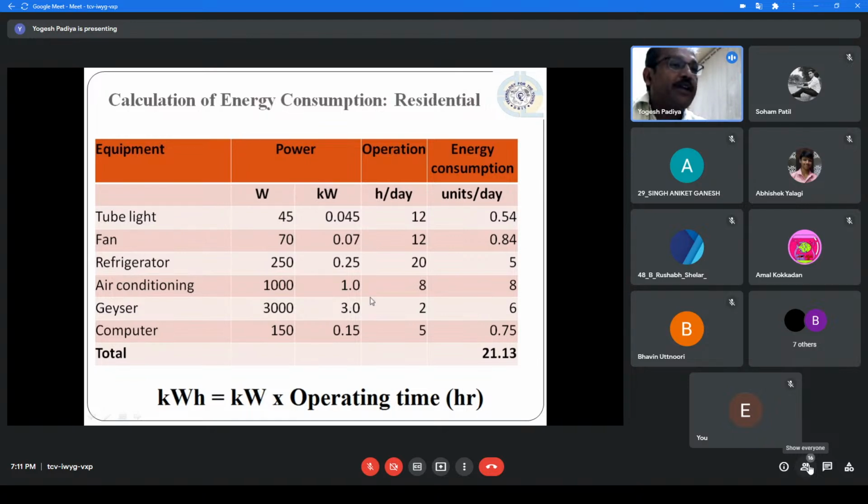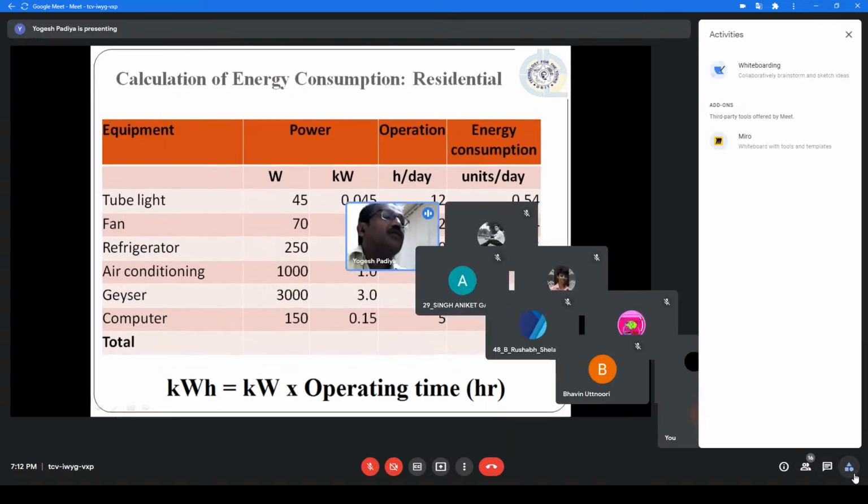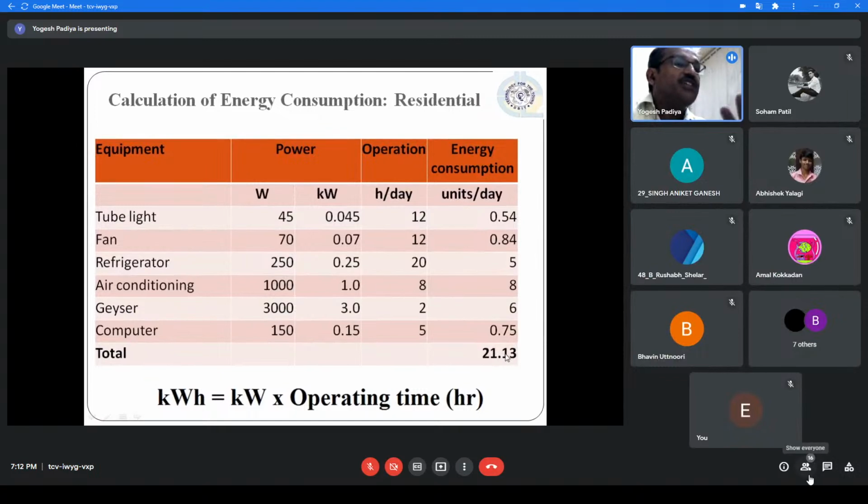You just tabulate it, and then write down the approximate time. This into this much gives you the unit consumption per day. Into 30, whatever number comes, so 600 units will be consumed in a month.